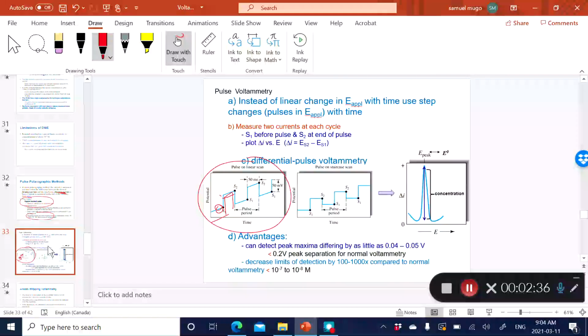And on you go as you increase the staircases that way.